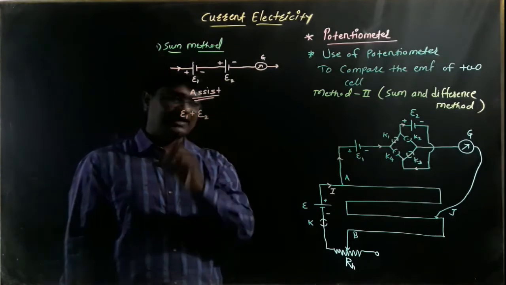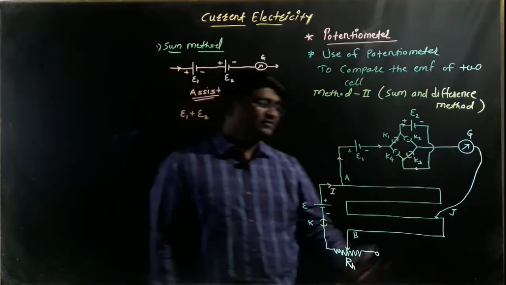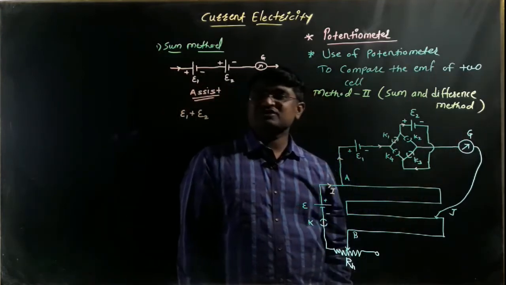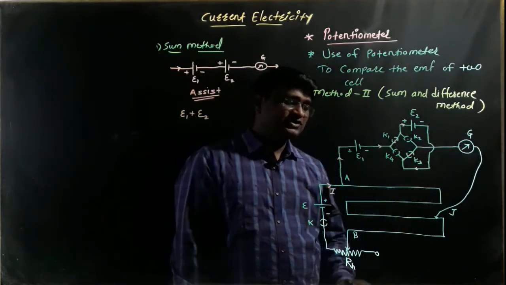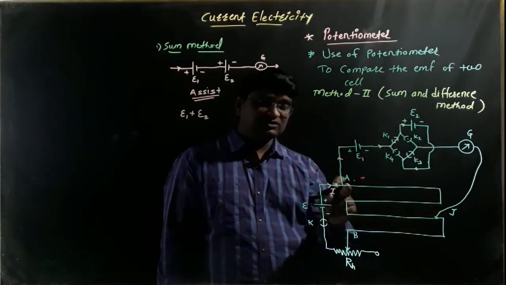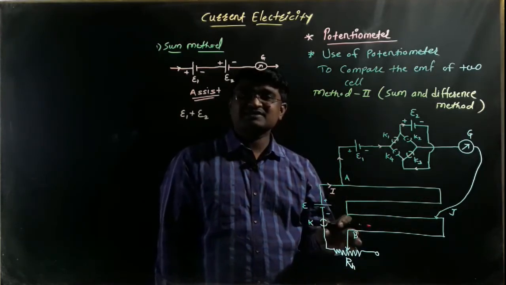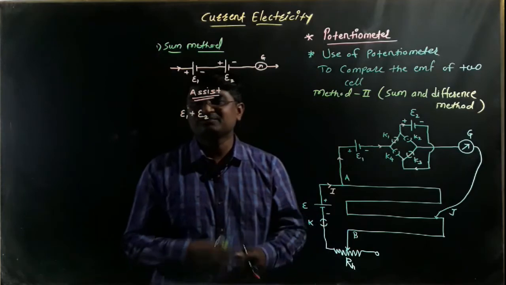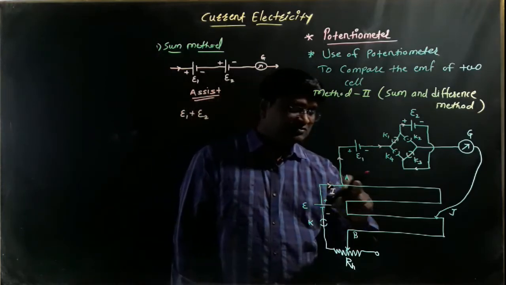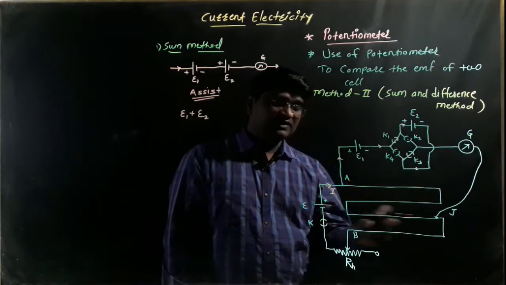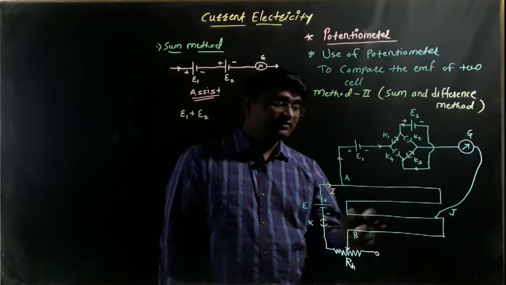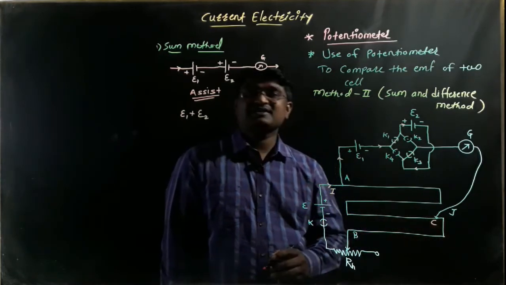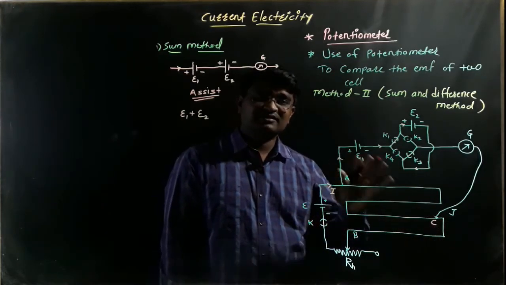Their potentials are added. After that, we know that the galvanometer shows deflection, and when the jockey touches near the points A and B, we observe that the deflection of the galvanometer is exactly opposite. Now slide the jockey to different points on the wire AB, and when the jockey touches at point C, we observe the null point.